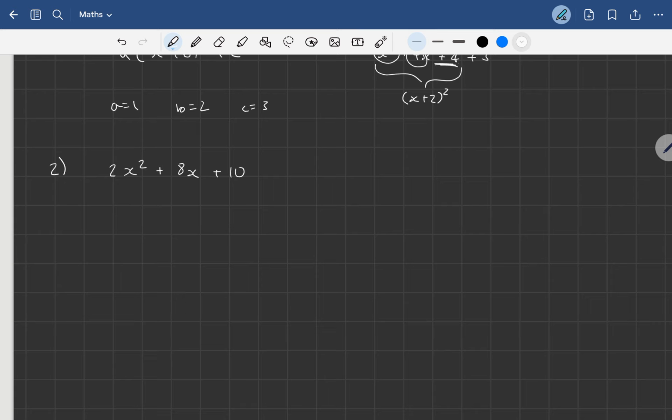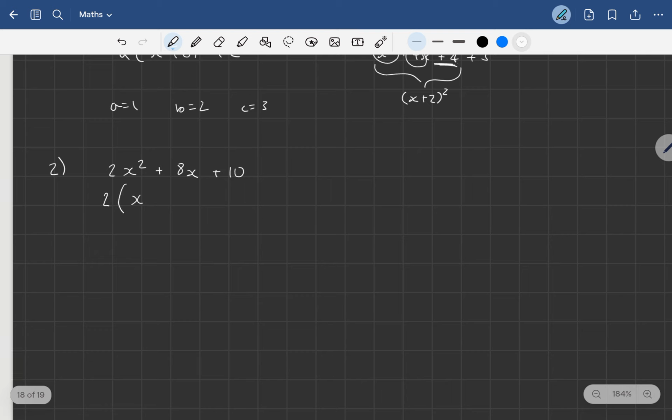What we do is we factor out the 2 from the first x squared term and the x term. So we'd get 2 bracket x squared plus 4x, closing bracket, plus 10. And if we distribute the 2, we get 2x squared plus 8x plus 10. So we've changed nothing so far.